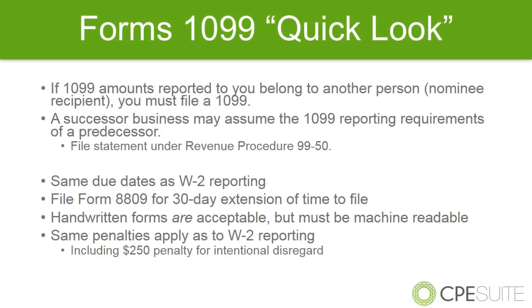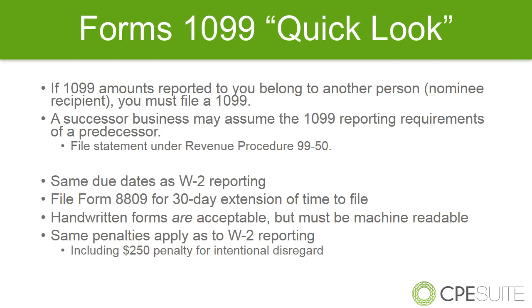All right, let's take a look at some requirements surrounding Forms 1099 in general. These are things that apply to all Forms 1099, not just a specific Form 1099. So first of all, if 1099 amounts are reported to a taxpayer, but they actually belong to another person, then this is called a nominee recipient.